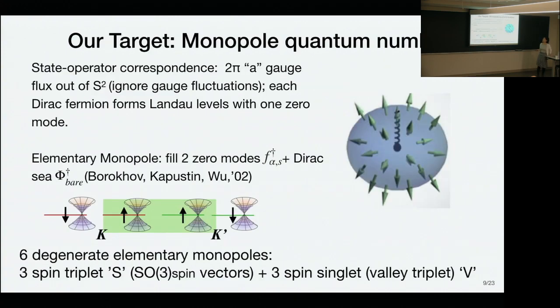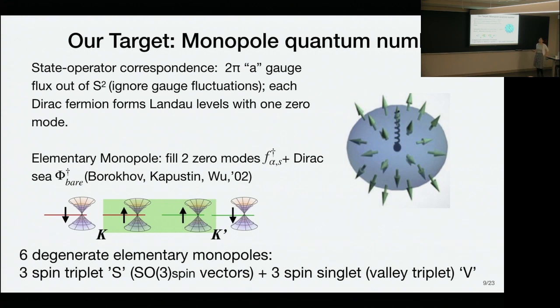So as we mentioned, whether an elementary monopole is allowed, and after symmetry breaking what kind of state the system will enter, all depend crucially on the symmetry quantum numbers of monopoles. To attack this topic, we use the state operator correspondence in CFT.